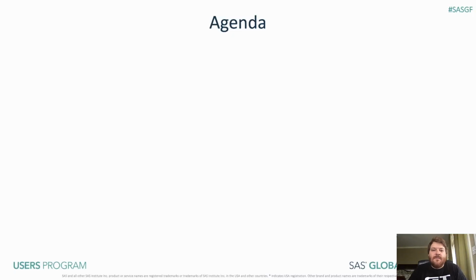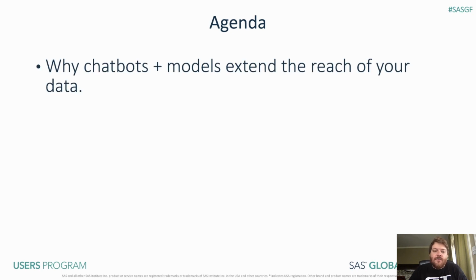So let's talk a little bit about what I hope to accomplish today and what I hope you can take away from this talk. I hope you'll know that at the end of this, machine learning based models, when placed inside of a chatbot, really extend the reach of the data that you've got, the valuable models that you've built, and the decisions that people can make based on those models. I really want you to think about chatbots as another user interface into that data.